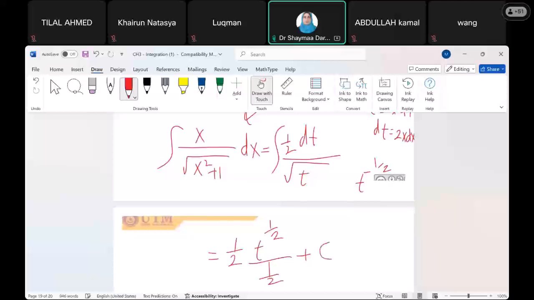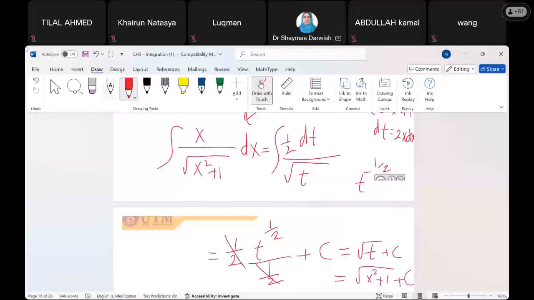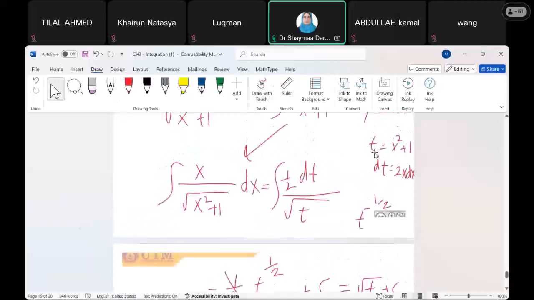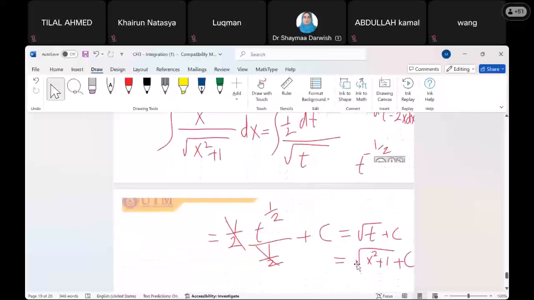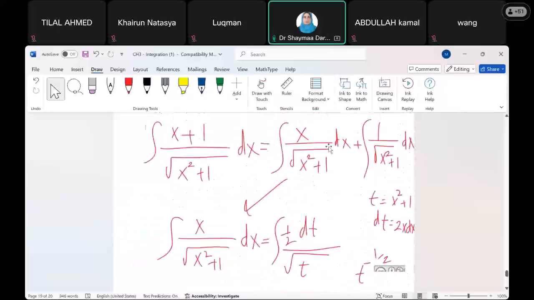So this cancels with this one, giving the square root of t plus constant, which is the square root of x squared plus 1. This part is by substitution.